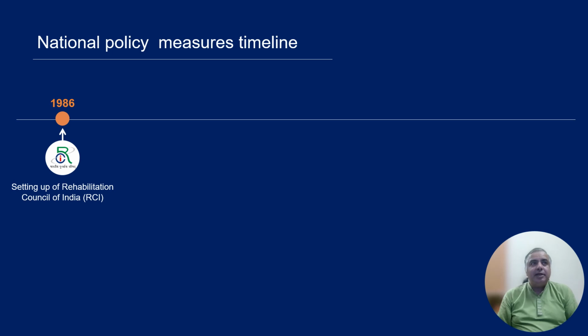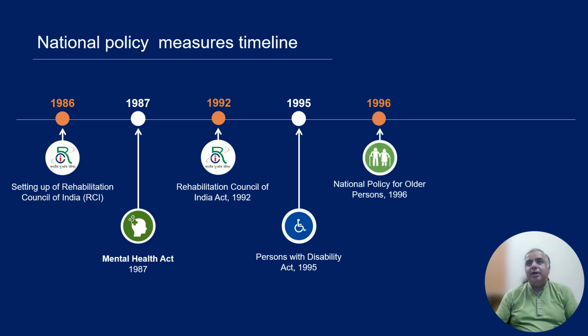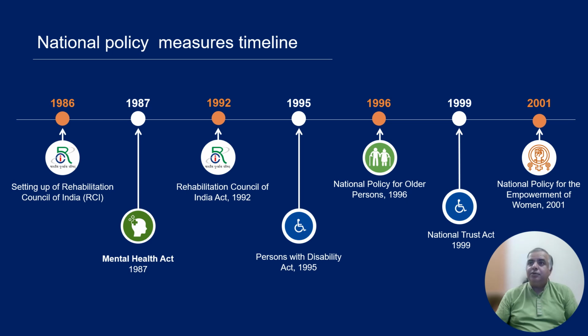It started with 1986 setting up of Rehabilitation Council of India. 1987 the Mental Health Act was passed. 1992 the Rehabilitation Council of India Act was passed. 95 the Persons with Disabilities Act came into existence, followed by 1996 the National Policy for Older Persons was passed in the country, and 1999 came the National Trust Act, followed by 2001 when the new national policy for empowerment of women was introduced.